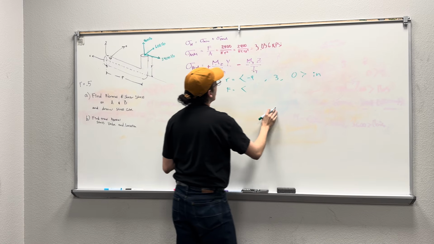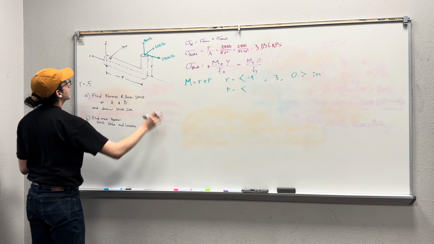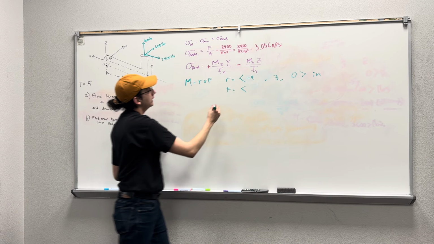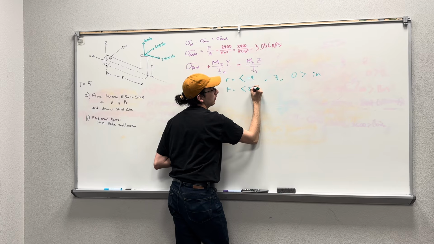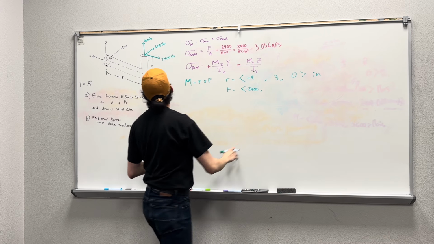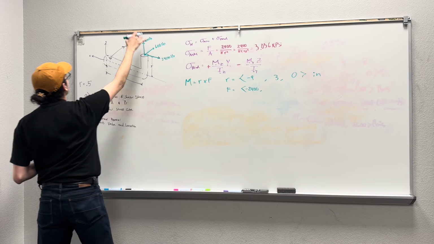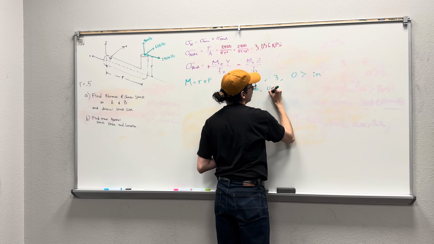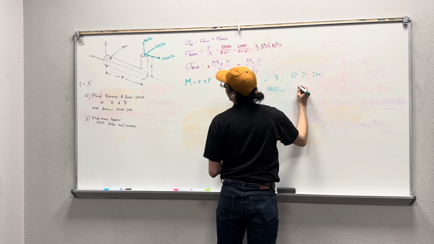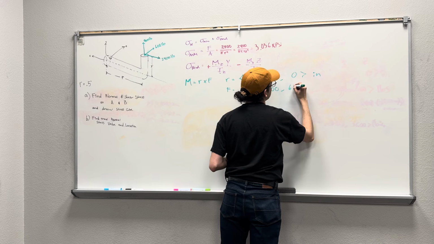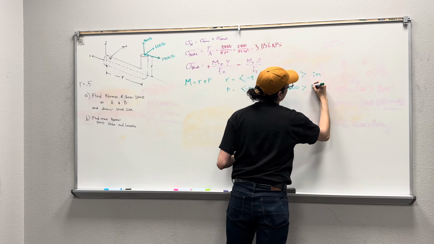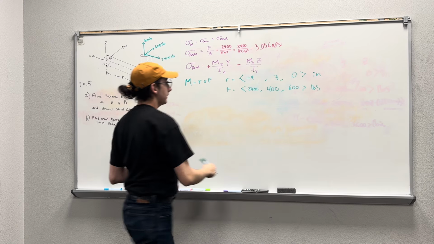Cool. Then for my forces, I'm going to have that 2400 acting in the negative X direction, my 400 in that positive Y direction, and 600 in that positive Z direction. And I'm going to have that bounce.